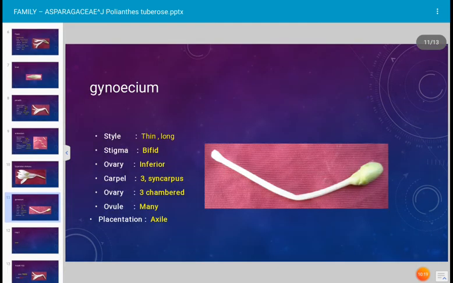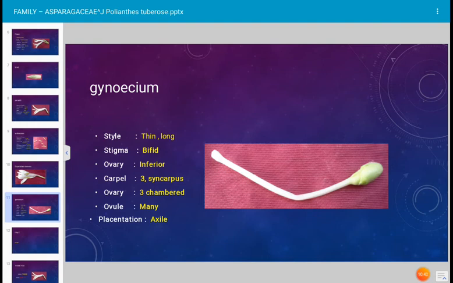Next. This is the gynoecium or female part of the flower of Polianthes tuberosa, family Asparagaceae. The gynoecium consists of ovary, style and stigma. Ovary is inferior. Okay. Stigma is bifid. Style is thin and long.